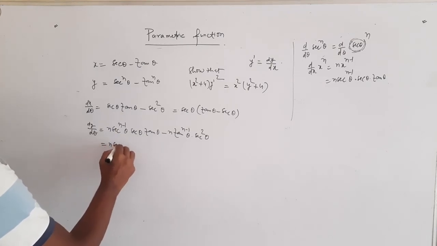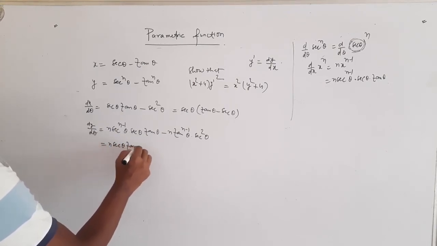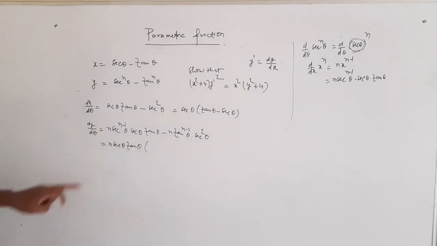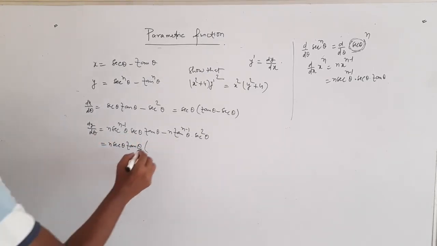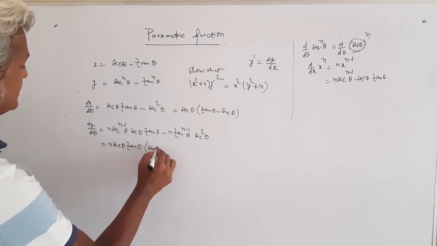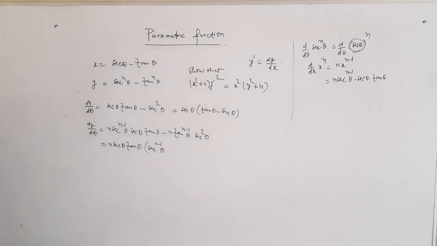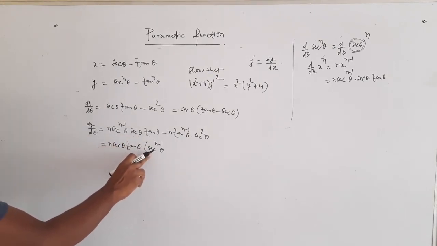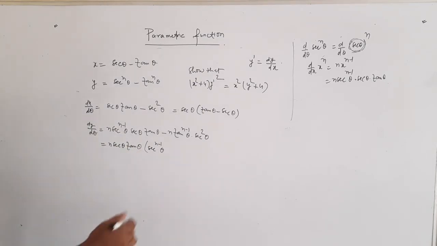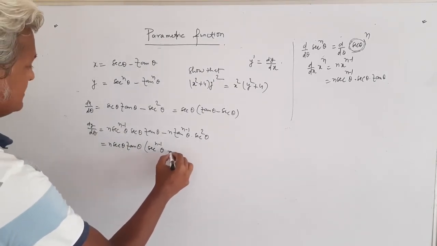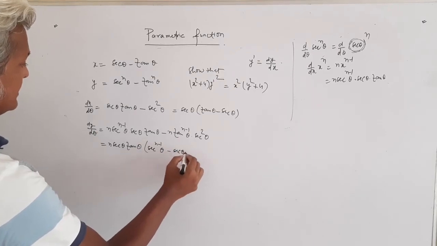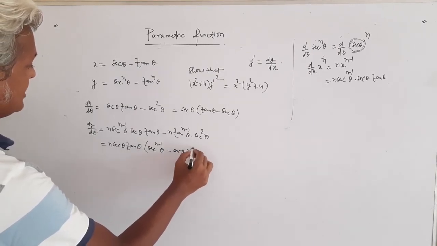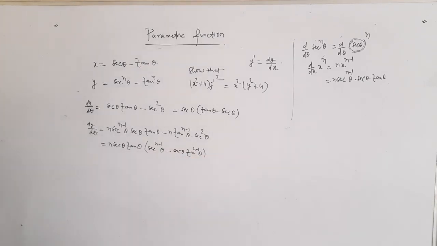So here you are getting sec to the power n minus 1 theta, so n is taken common, sec theta is taken common, tan theta is taken common. So I am getting sec to the power n minus 1 theta minus sec theta tan to the power n minus 1 theta.